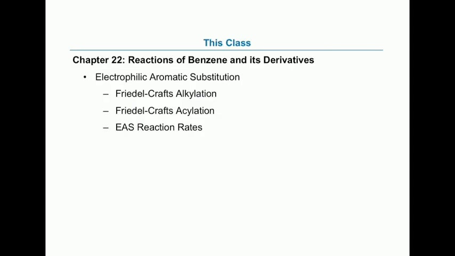So last class, we were introducing electrophiles where there's halogens, nitro, sulfonate. This class, we're going to talk about carbon-based electrophiles. This is what we called Friedel-Crafts alkylation, acylation, and then a quick introduction to how these rates work. Now remember, alkylation means adding an R group where you have things like CH2R.